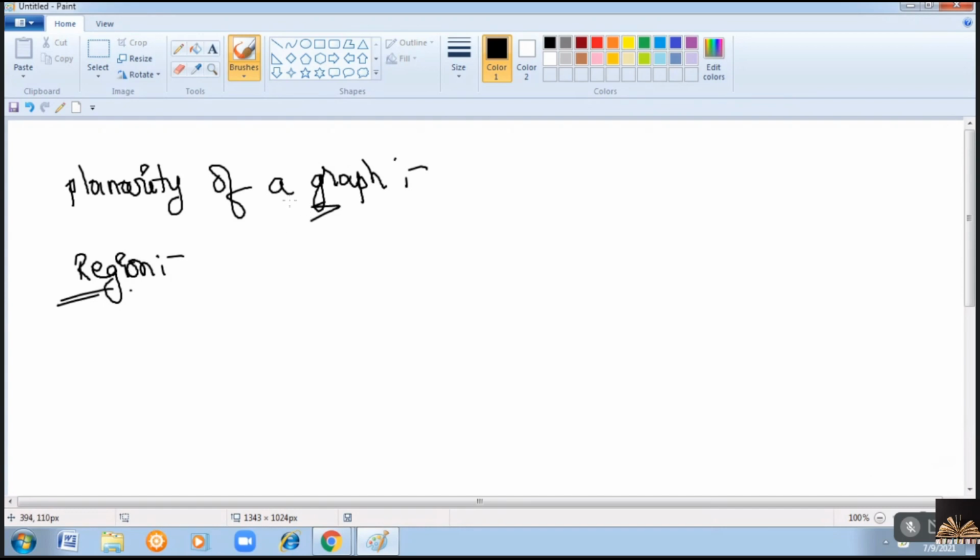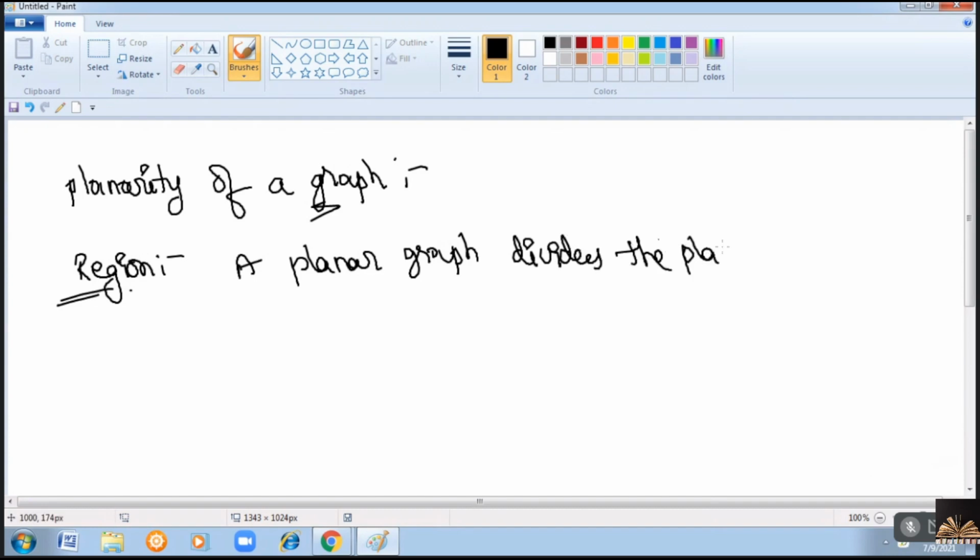Generally, a planar graph will divide the plane into connected areas.